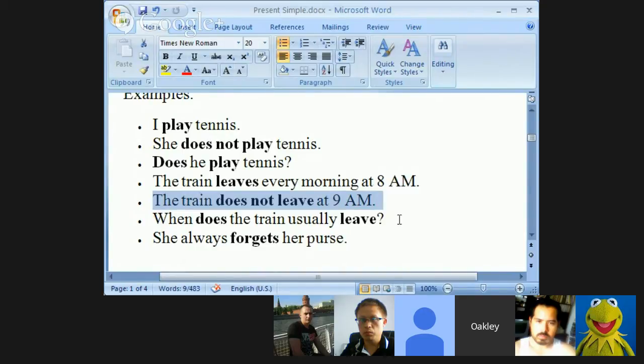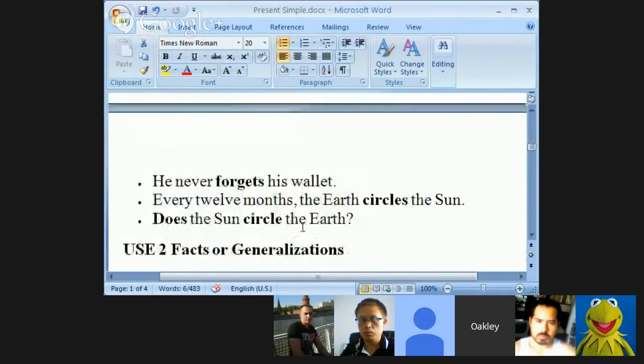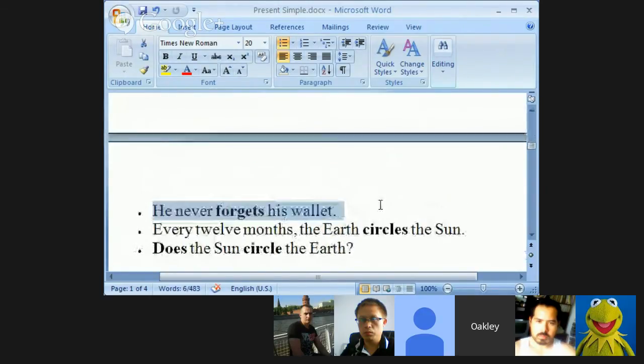Something that does not happen regularly. In the question form, when does the train usually leave? She always forgets her purse. Okay, simple present to show something that she does not do over and over repeatedly. He never forgets his wallet.